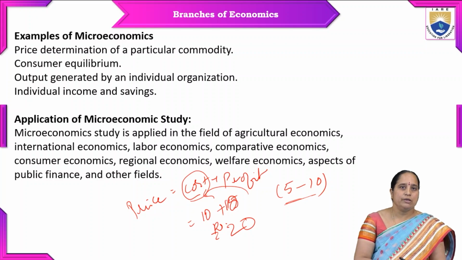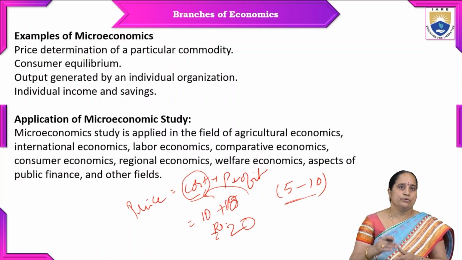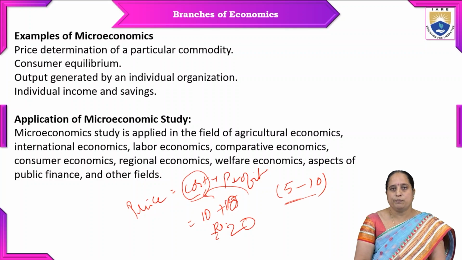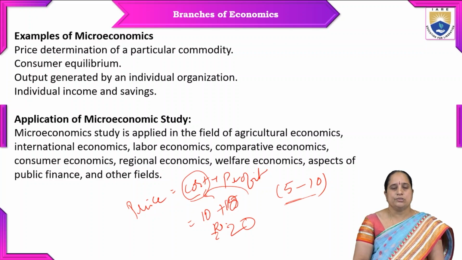The next is consumer equilibrium. Here we are talking about demand and supply. Both should be equal. If there is a demand for your products, your production should be up to that extent. Then, the output generated by an individual organization depends on the individual organization.